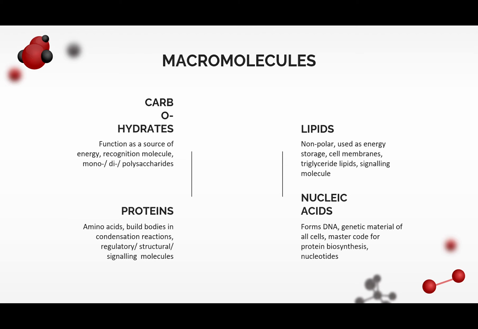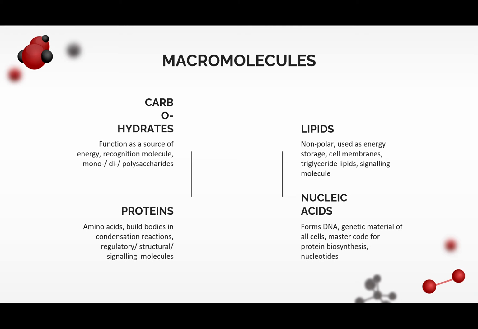And more than 50% of the dry weight of cells are actually proteins. They function as major regulatory molecules involved in catalysis, which is the function of all enzymes, because enzymes are proteins. They also function as structural molecules and play a role in cellular signaling, such as in transduction pathways.